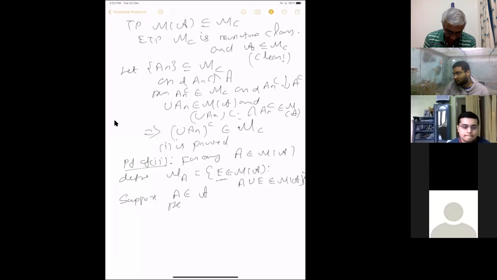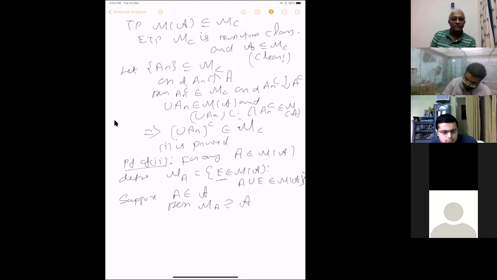Then MA clearly contains A. If we fix a set A in the algebra, then MA is all those sets E whose union with A has to be in M of A. But when E is in the algebra, then this union is certainly there.